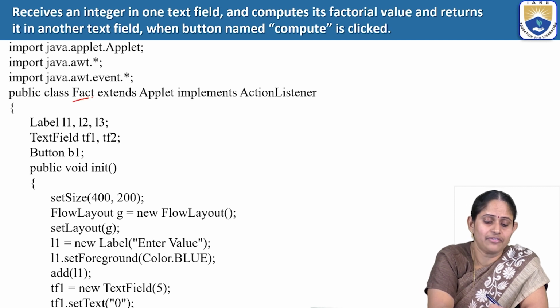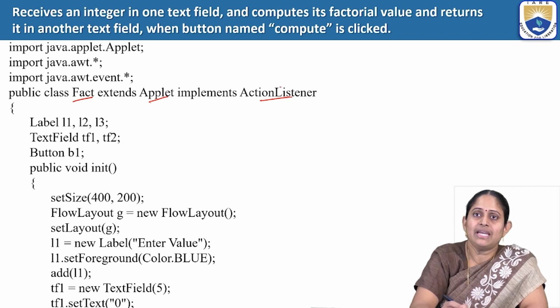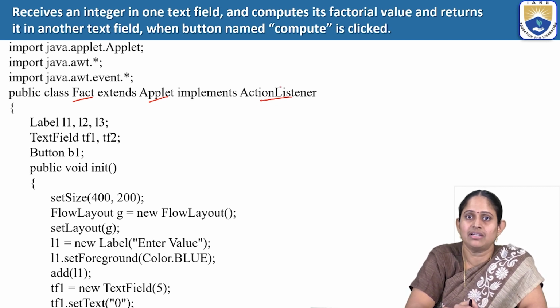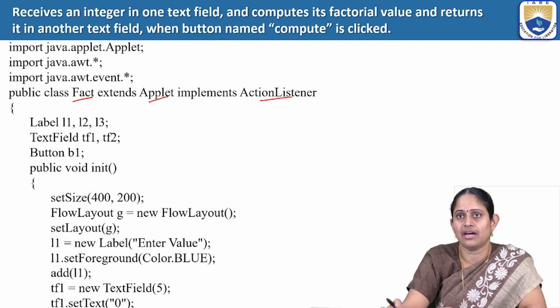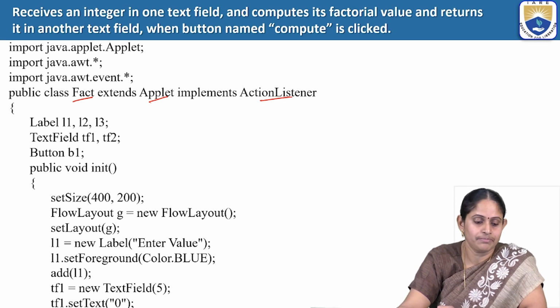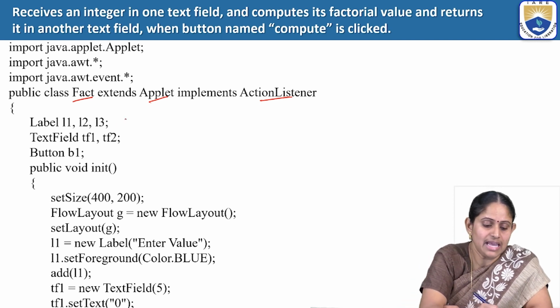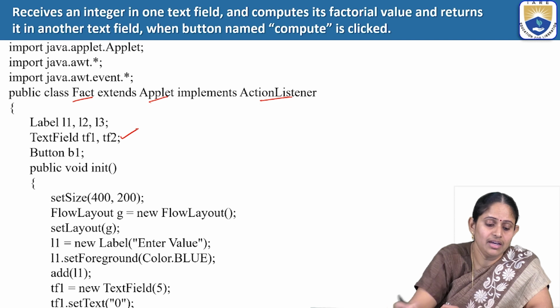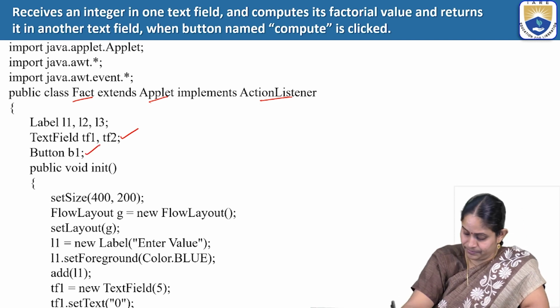So here we have our class name fact, which extends applet and implements ActionListener. We are implementing this action listener so that when the button is pressed, it writes the factorial value onto that particular answer text field. So here we are making use of three labels, L1, L2 and L3, two text fields, T1 and T2, and one button.